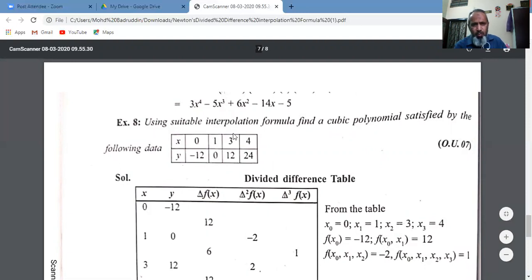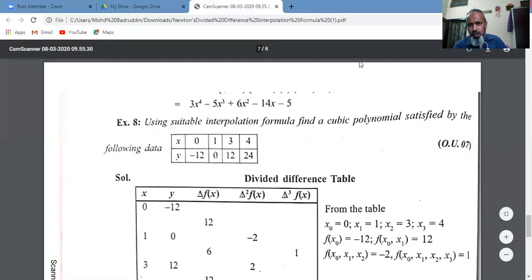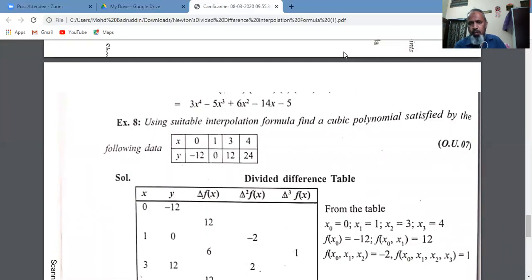Therefore, we have used the divided difference interpolation polynomial. So if the data is given for unequally spaced values of x, we can use Newton's divided difference interpolation formula.